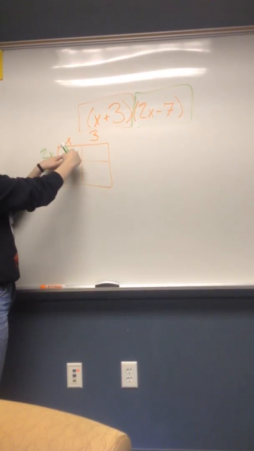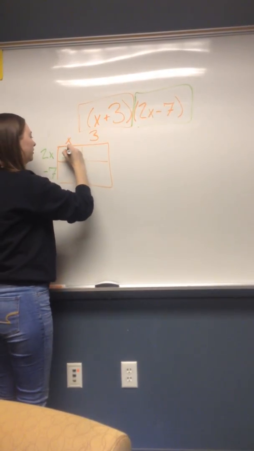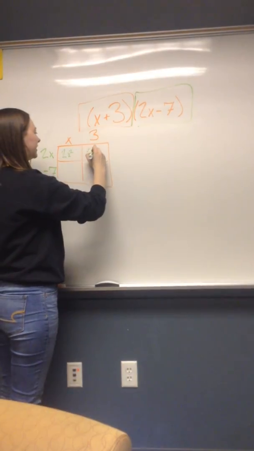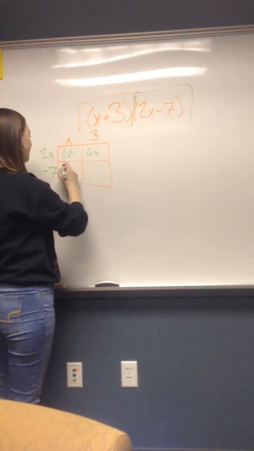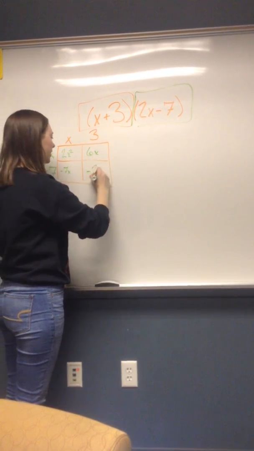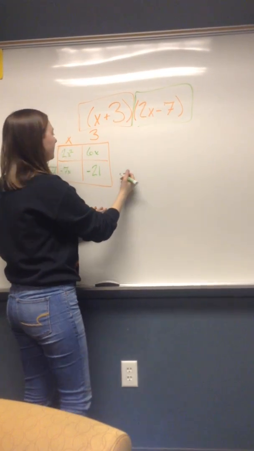So we have 2x squared here, 6x, and right here we have negative 7x, and finally we have negative 21.